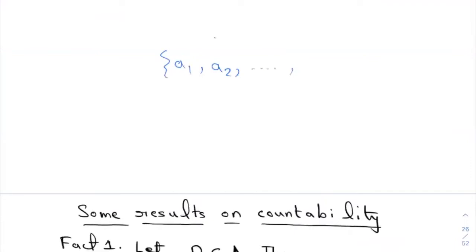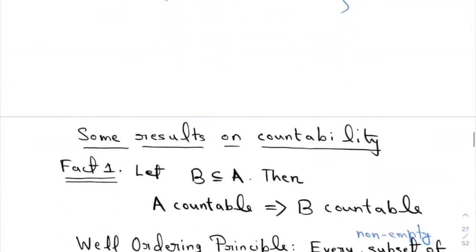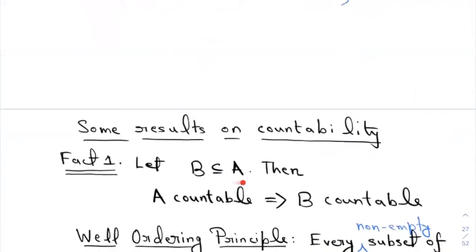Let me also point out that here I can assume without loss of generality that both A and B are infinite. Why is that? That's because if one of A or B is finite, then this argument is trivial. If A is finite, then B is also finite, so B is countable.